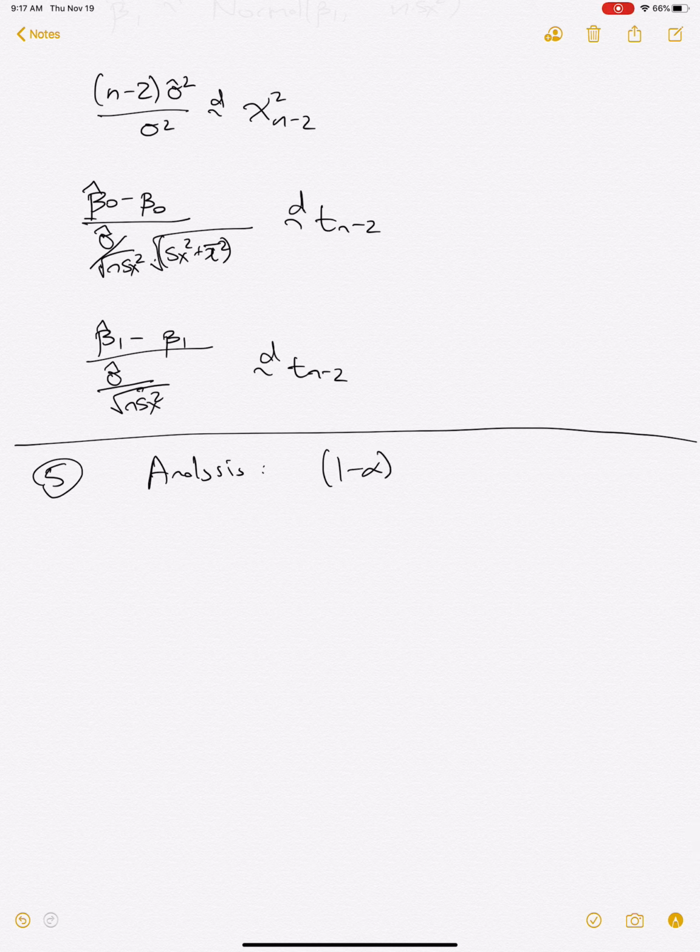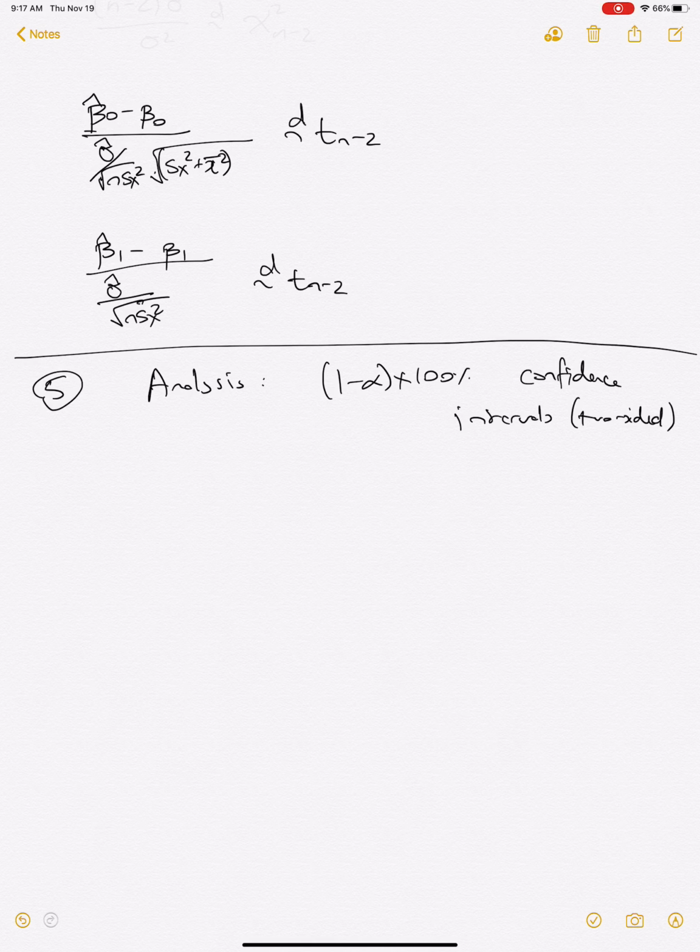If we want 1 minus alpha times 100% confidence intervals, and we're talking about two-sided here, then for beta 0, that's just beta hat 0 plus or minus, since it's going to be t n minus 2, alpha divided by 2 as the parameter. And then for beta 1, we have the analogous interval.